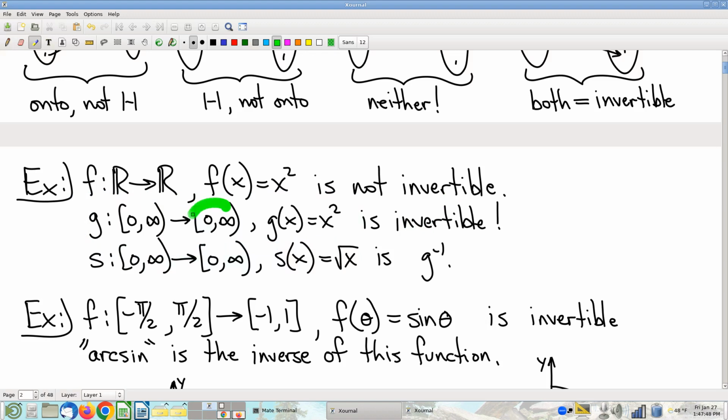What had been the target of this modified squared function is the domain for the square root function, and vice versa. What had been the domain for the modified squared function is the target for the square root function. In other words, the action of taking the square root goes backwards, from green to blue.